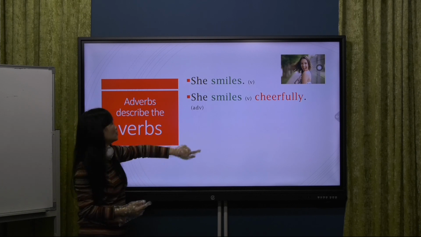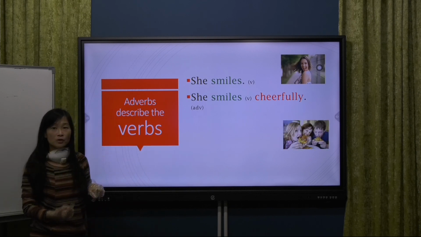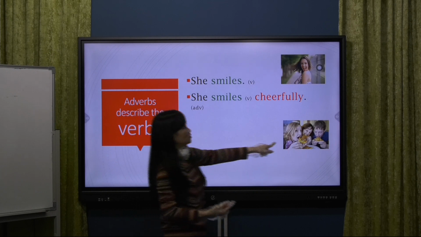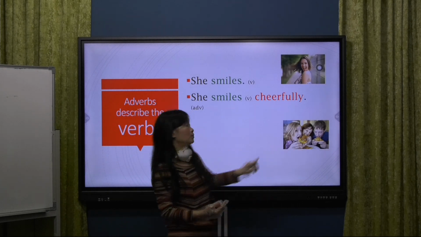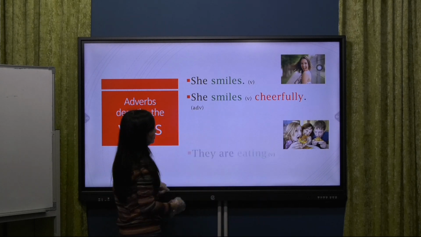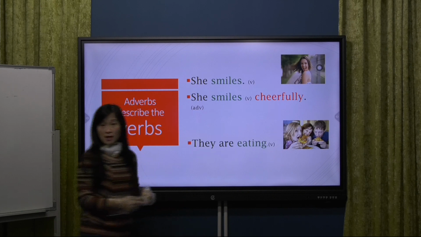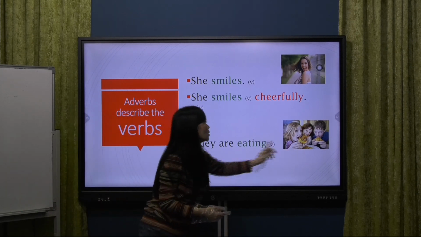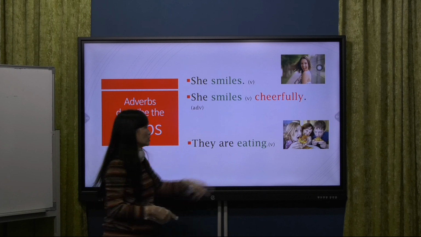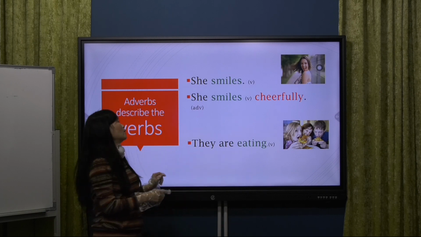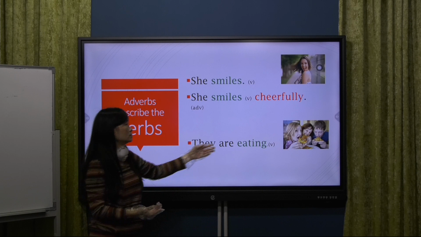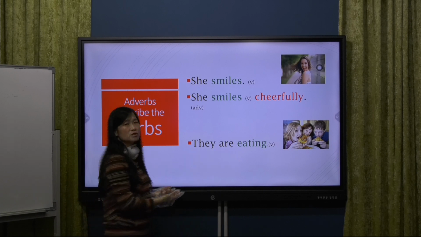And then another example. So these Thai people, what are they doing? They are eating. So eating is a verb. And we want to tell more about the verb. How do you describe it?